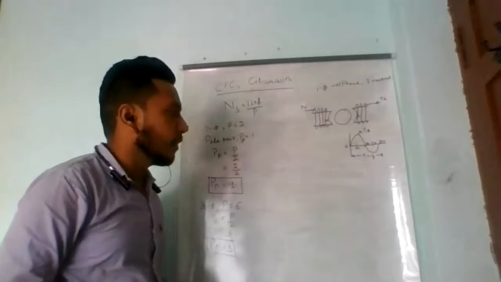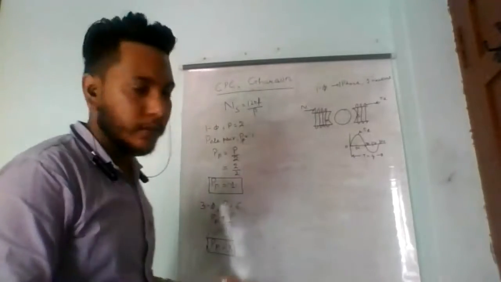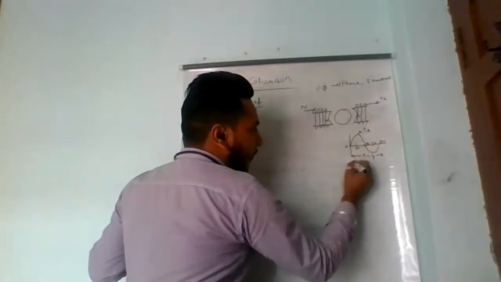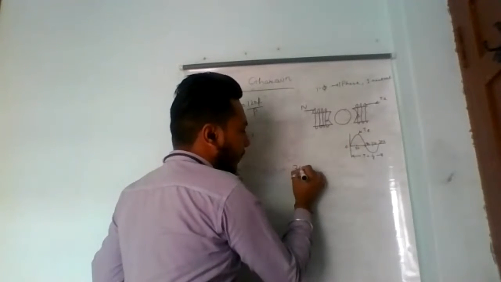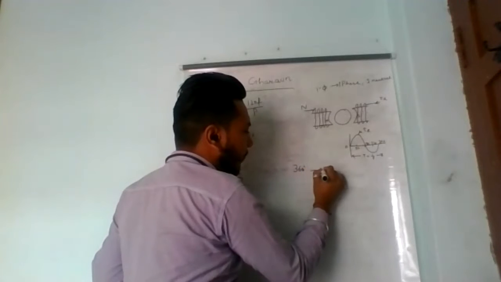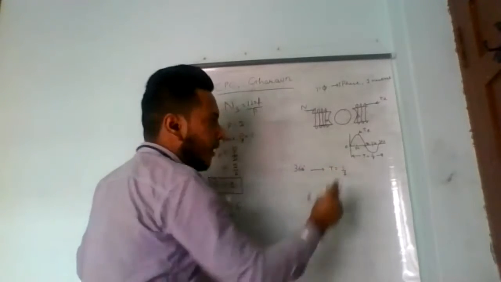When we give a single phase supply to the stator of the induction motor, a rotating magnetic field is produced. From this waveform, you see that 360 degree is equivalent to T equal to 1 upon f.